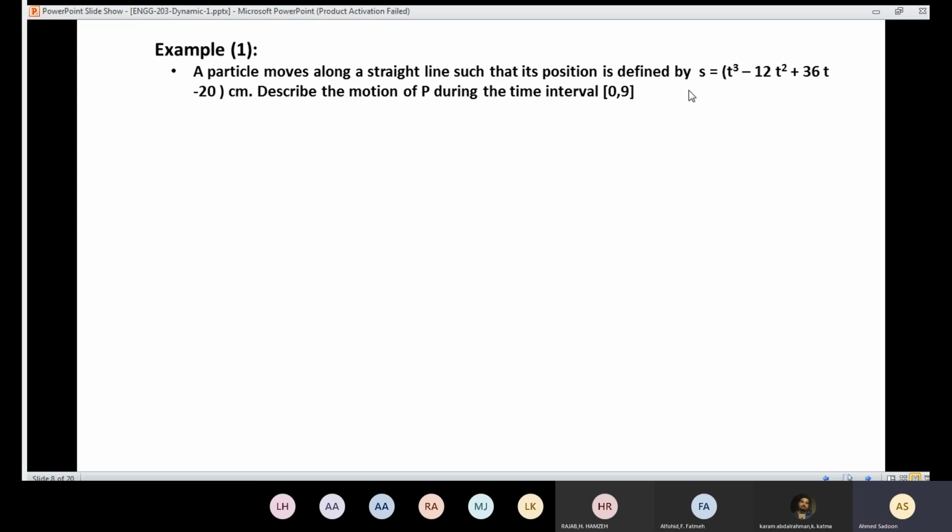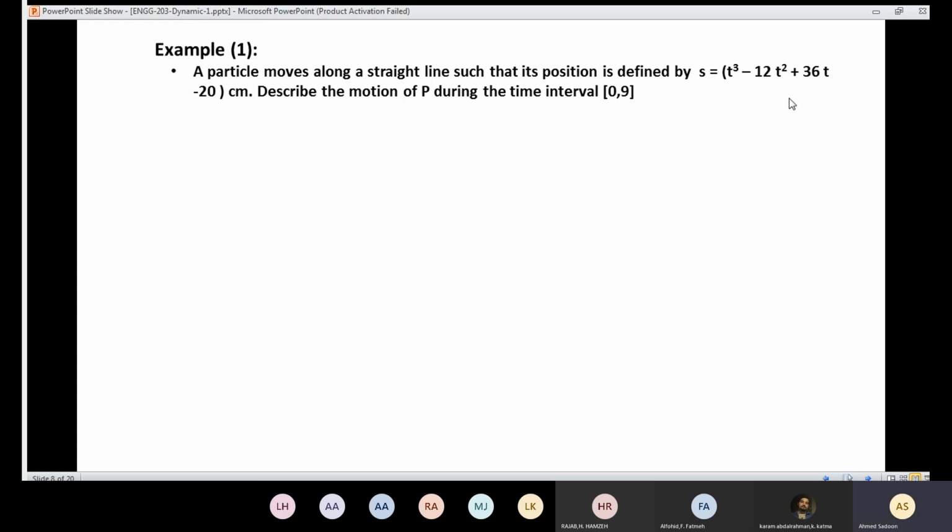This equation is going to give us the position at any instant. For example, if the time is 0, I put 0 instead of t, and the position is -20. So when the time is 0, the particle was at -20, which means I have 20 centimeters left of our origin in the coordinate system.